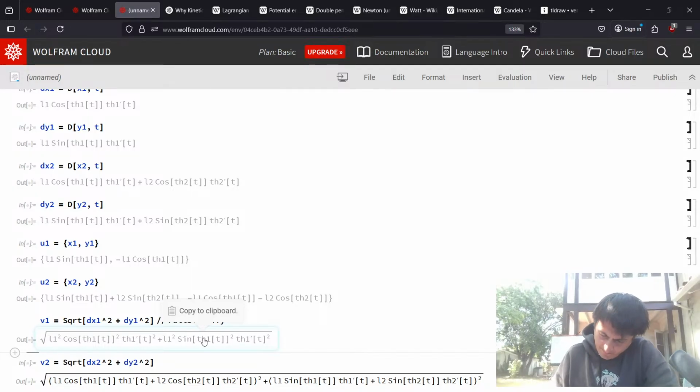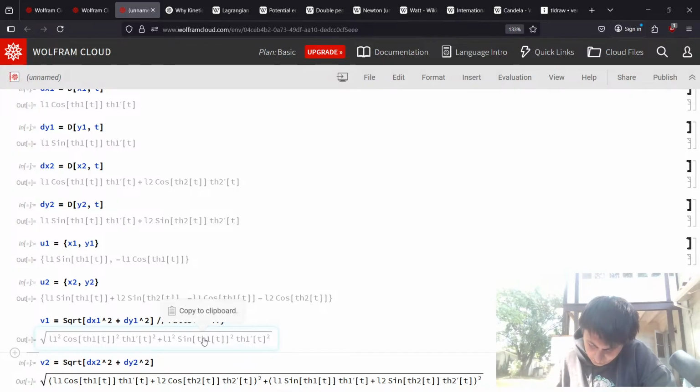So this becomes L cos theta 1 theta dot squared plus L sine theta 1 theta dot squared.